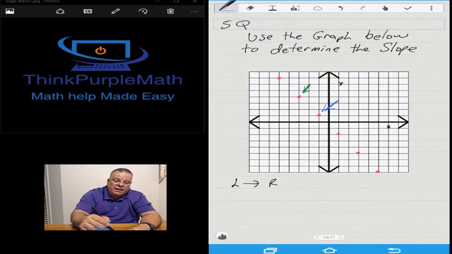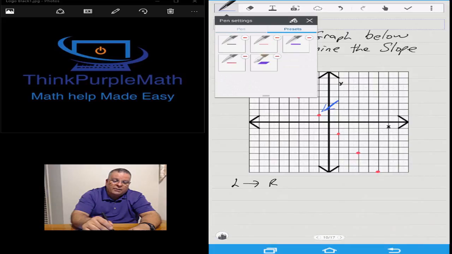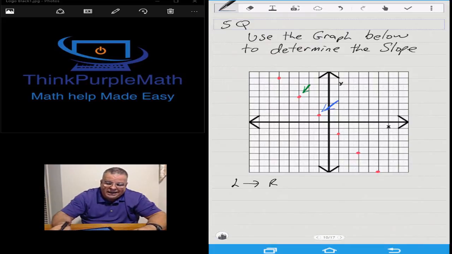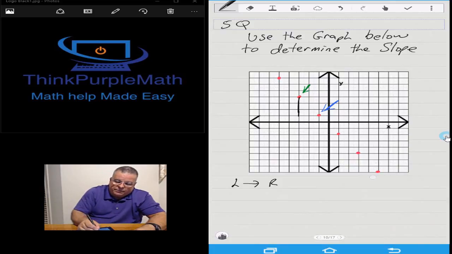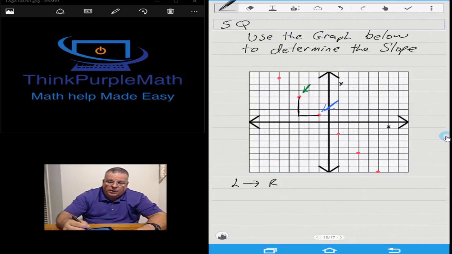Okay? Alright, now what we're going to do is figure out how we get from the point where the green arrow is to the other one, going left to right. So we're going to make some kind of a little triangle here. And we're going to go down and to the right. So if we look at our grid, we went down 3.